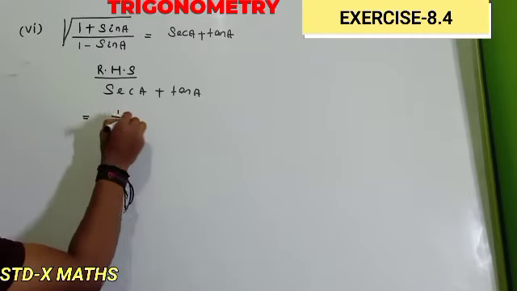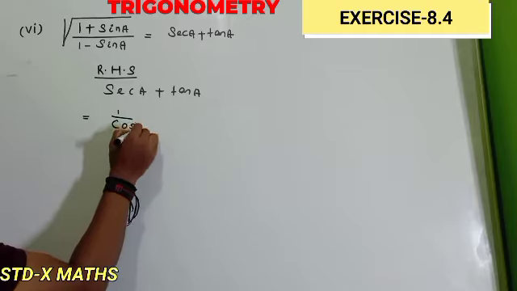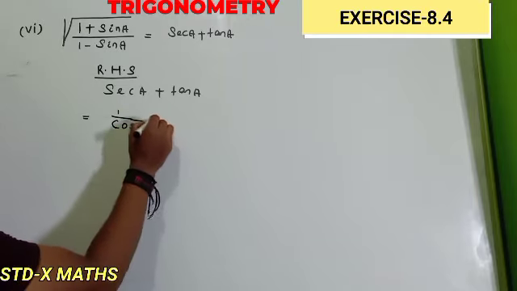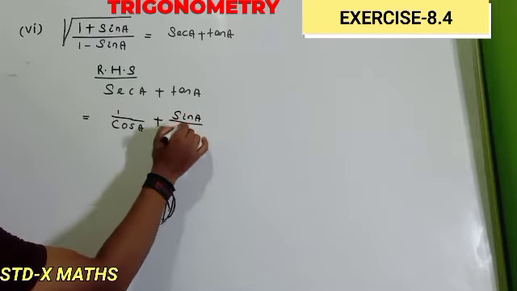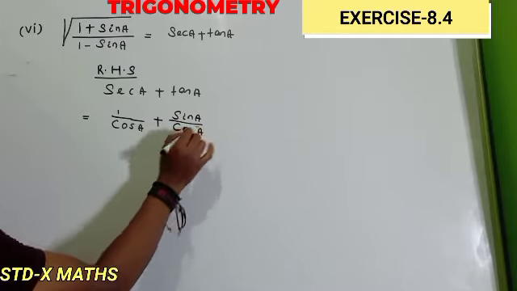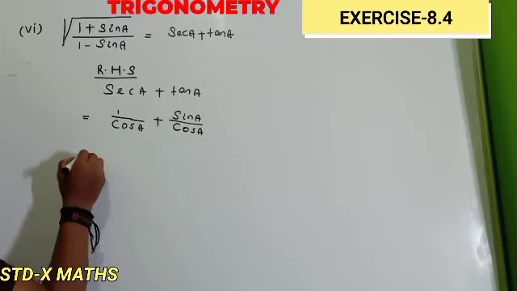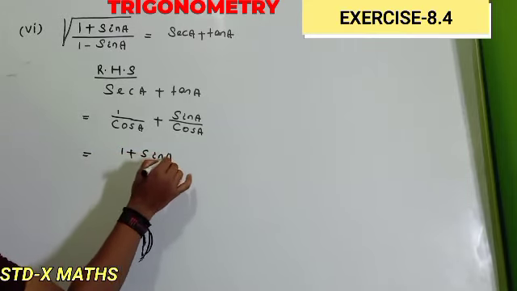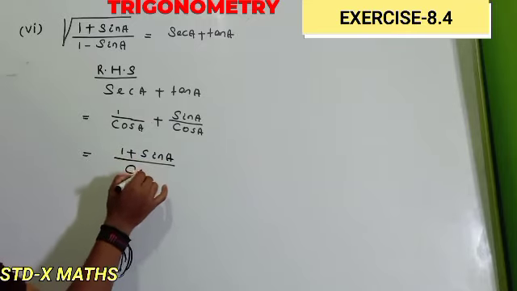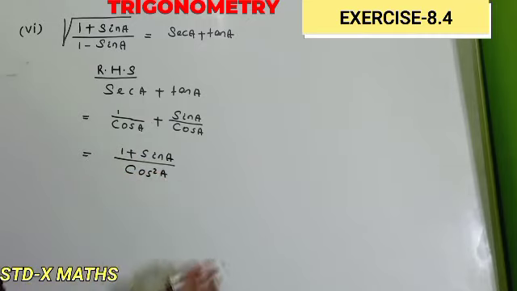Sec, I am converting it into cos. It is the reciprocal of cos, which means 1 by cos, and tan means sin A divided by cos A. Finally, I can write it as 1 plus sin A divided by cos A.